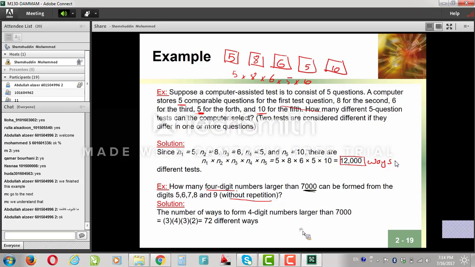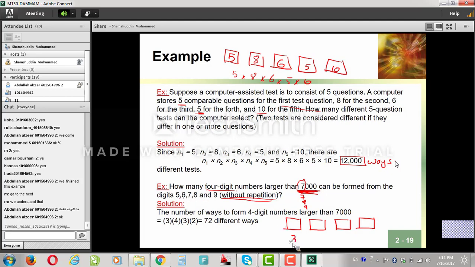My number should be greater than 7,000, يعني it could be 7 something, 8,000 or 9,000. It cannot be 5 or 6,000.